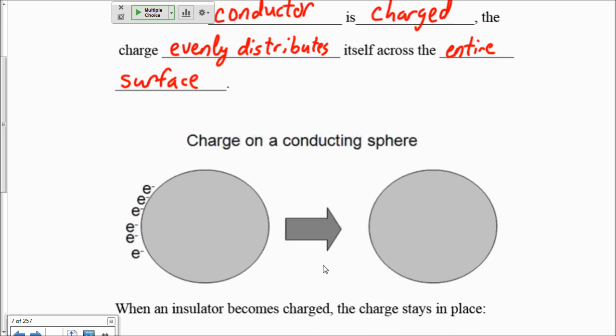Say, for example, somehow I take some charges and put them onto this conducting sphere, just a bunch of negative charges. They're going to move around freely on this conductor, and because of the forces between them, because like charges, attract or repel? They repel one another. They're going to distribute themselves evenly, so you're going to get negative charges distributed evenly all around the sphere.